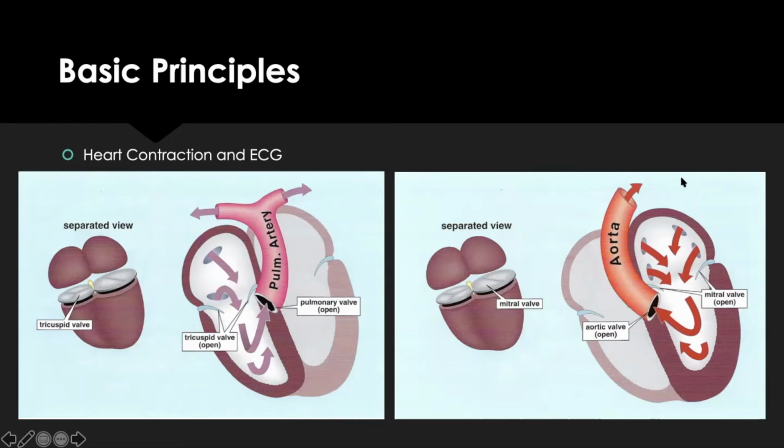And then over here, the reoxygenated blood will come into the atria right here. The atria will depolarize and contract, push the blood into the left ventricle, and the left ventricle will depolarize and contract, and then push the blood out to the rest of the body.